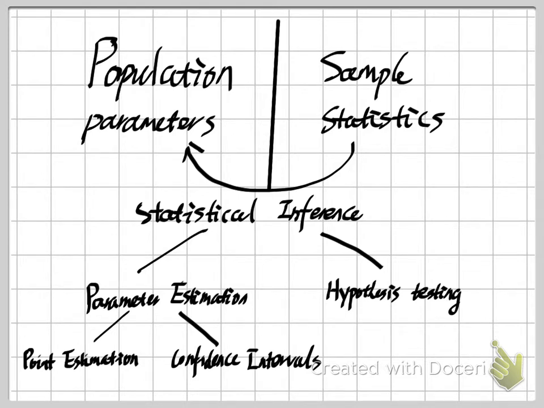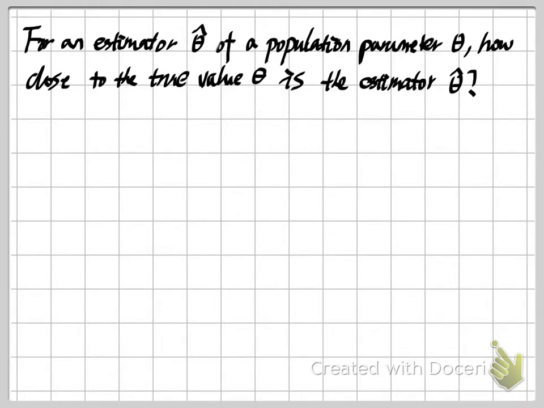We use one statistic value to say this is our estimate of the population parameter. The confidence interval answers a different question: if we already have one estimator of our population parameter theta, we want to know how close this estimator is to the true value, or how close the true value theta is to our estimator theta hat.